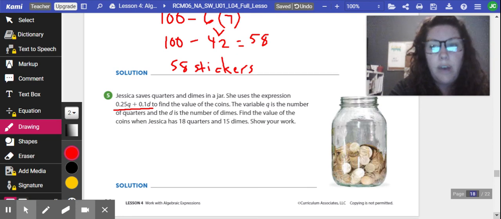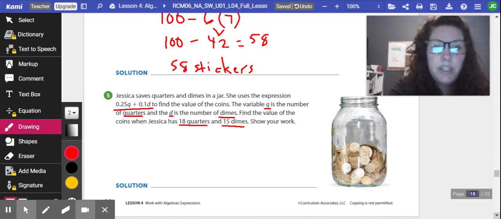I'm sorry, the Q I just figured stands for quarters, and the D I figured stands for dimes. And I was right. Look, the Q stands for quarters, and the D represents dimes. Find the value of the coins when Jessica has 18 quarters and 15 dimes.